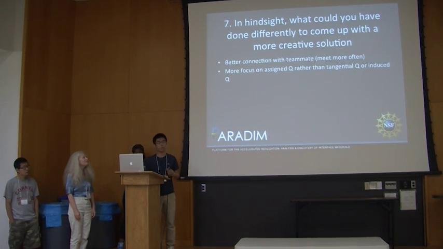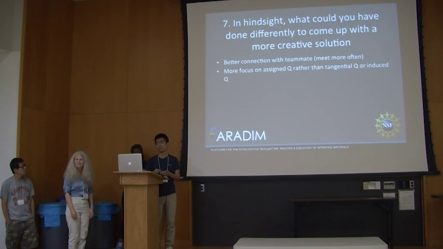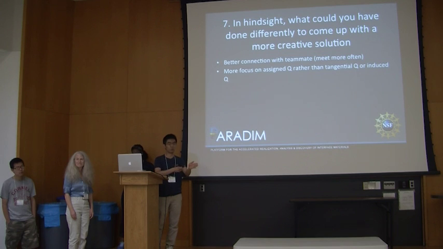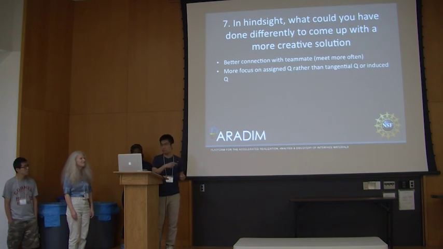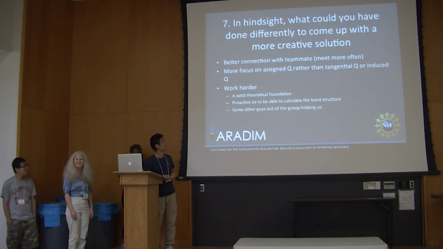And we should concentrate more on the assigned question, not the tangential question or induced question, because along the way, for example, we are heading to A and we find something B interesting, although they're correlated, we should not concentrate too much on B. We should concentrate more on the assigned question A. So we make a detour somehow.